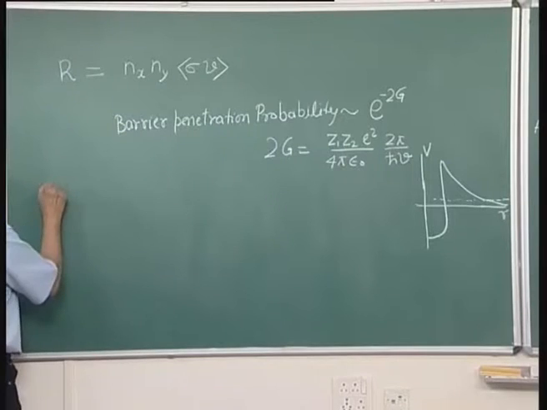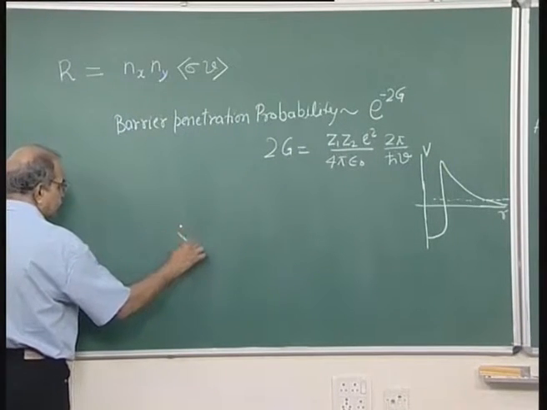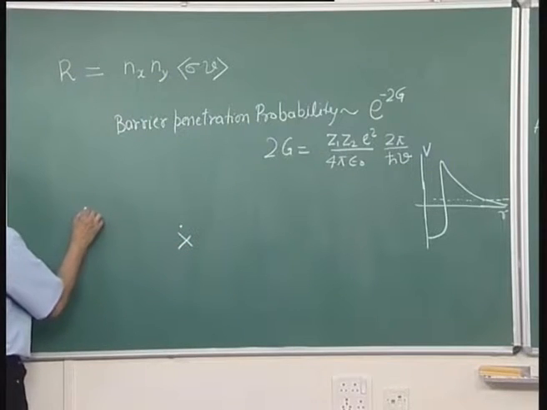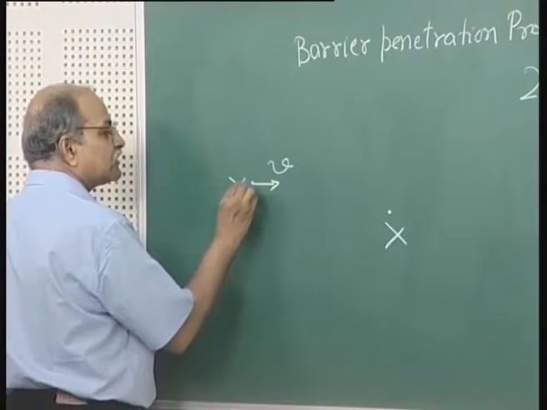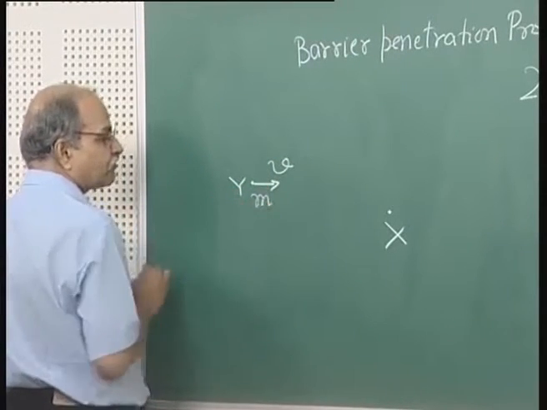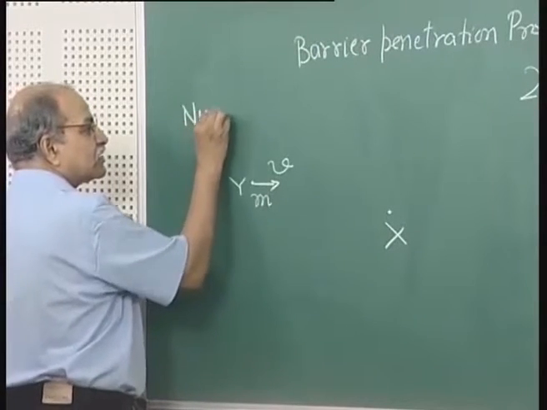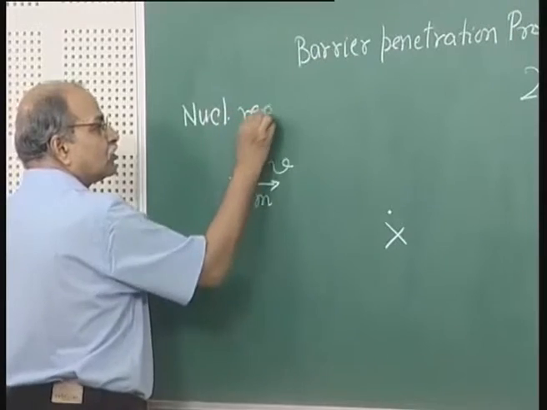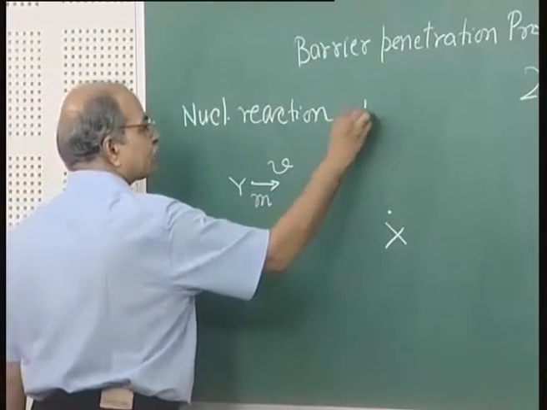Suppose you have a nucleus x here and a nucleus y here, and this y is going with velocity v. The mass of this y is, let us say, m. Now, we are talking of nuclear reactions in general, at low energies.